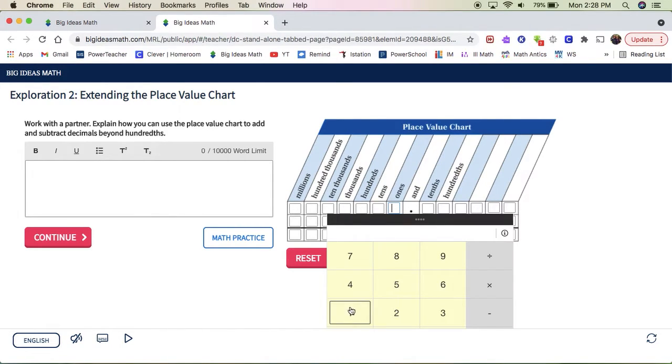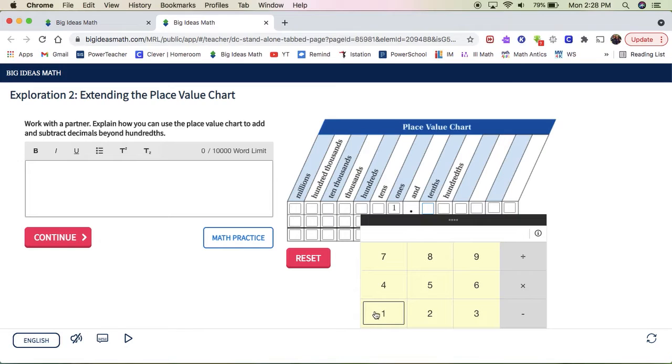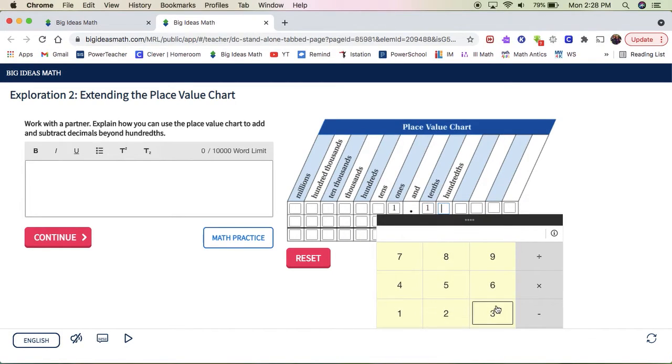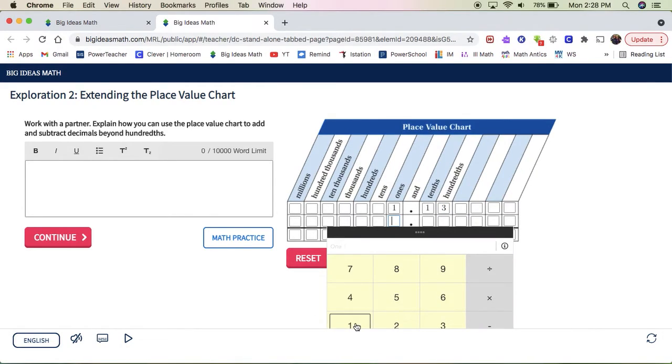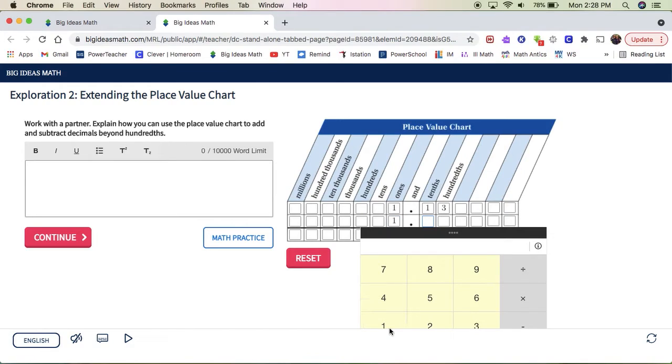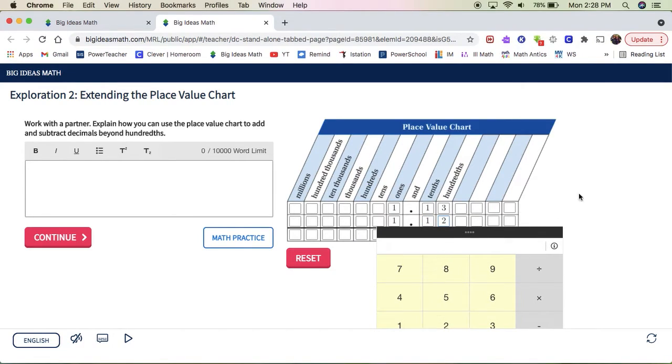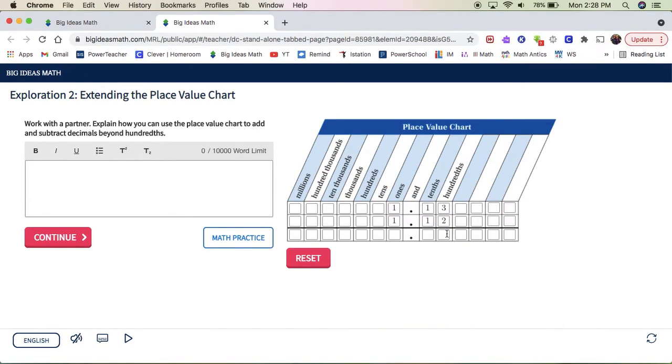We would need to make sure we have 1 here. I'm just making up a number. And let's suppose we want to add, let's say 1.12 to that. So if you don't line up your decimal points, you could get some really weird answers.